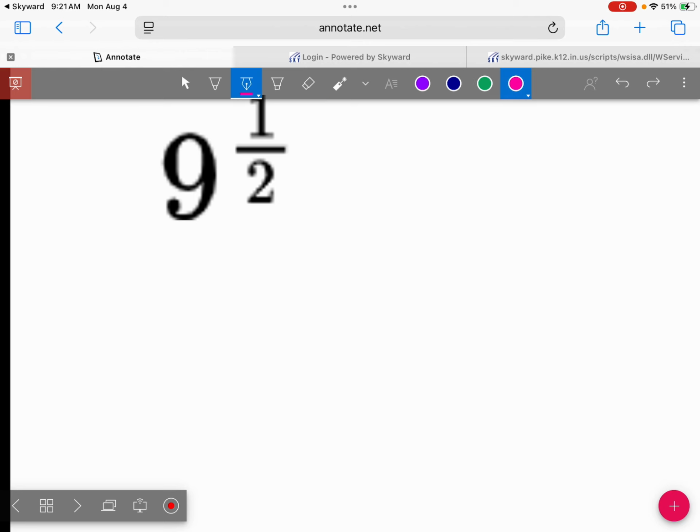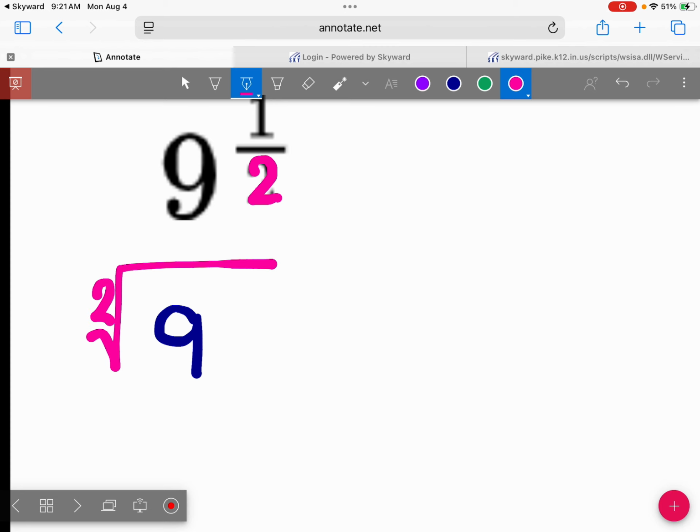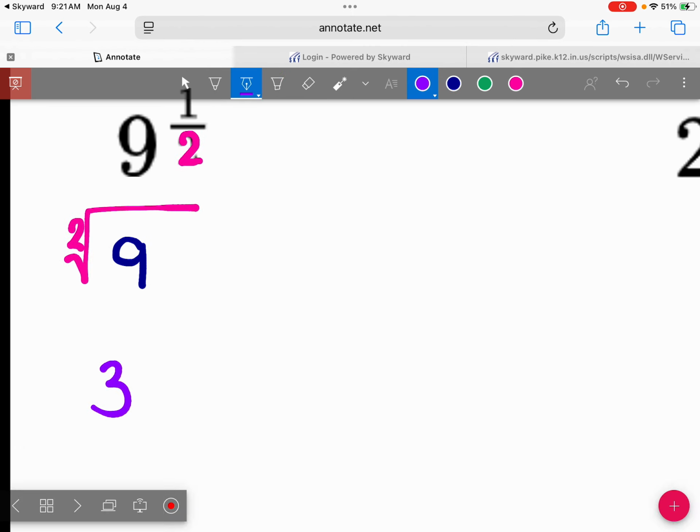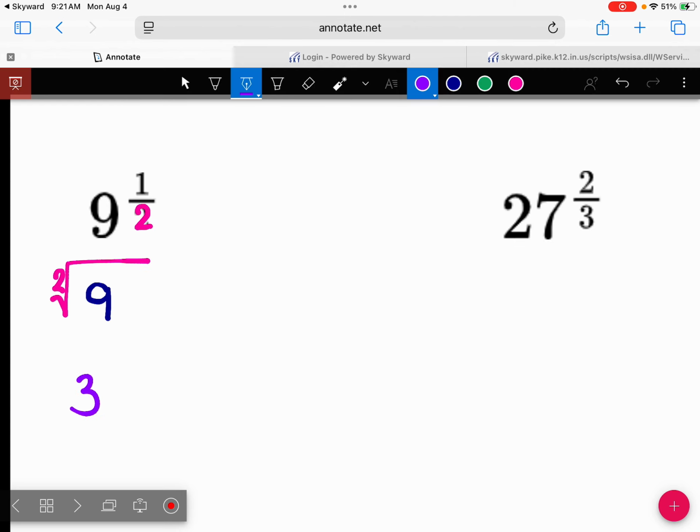The denominator here is my index. So this is the same thing as saying 9 with a radical with an index of 2, or the square root of 9. What's the square root of 9? 3. I know, I ask such hard questions sometimes. All right, they do get a little harder.